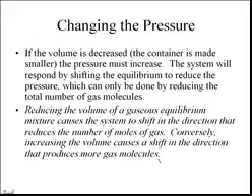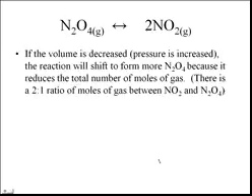You cannot make that assumption. So when they say the pressure has changed without specifically saying how, then you would have to say that there's not enough data to answer the question, or there's just no shift at all in the reaction.